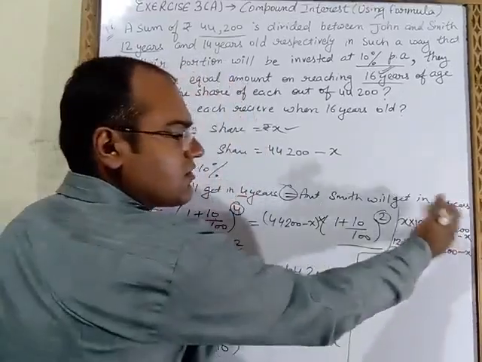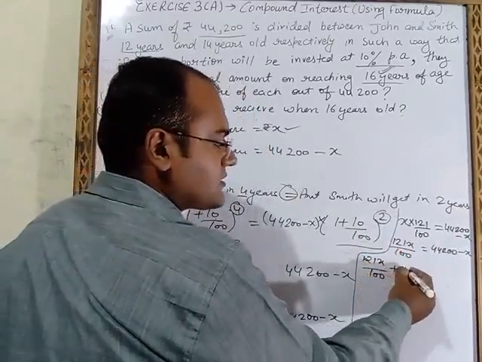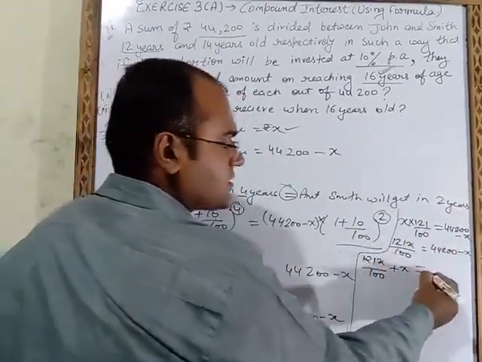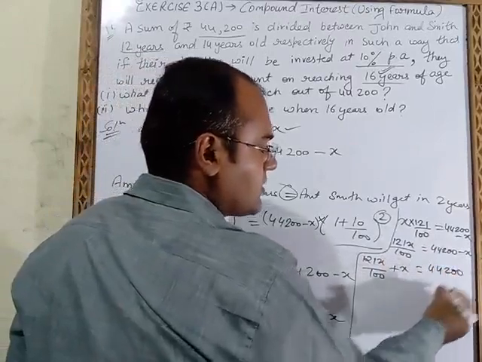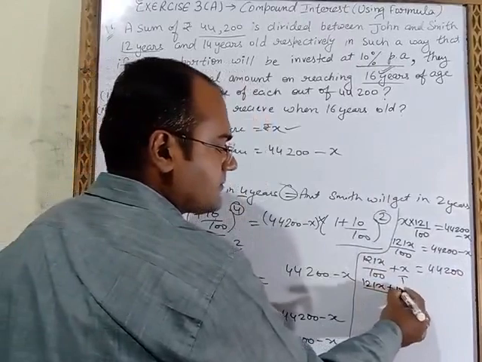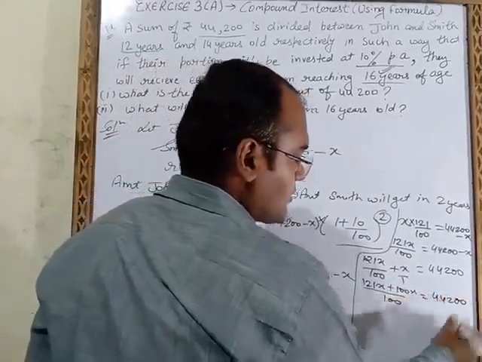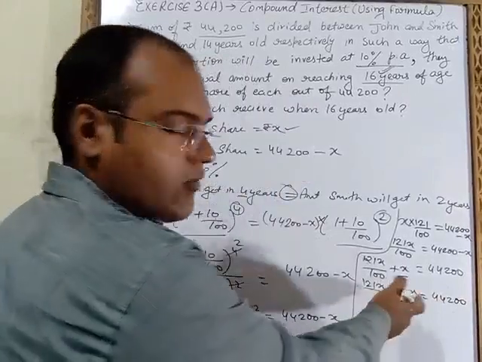Now this minus x we will bring on left side. So 121x upon 100 plus x minus x will become plus x is equal to 44200. On solving it we will get, now we will add these two.